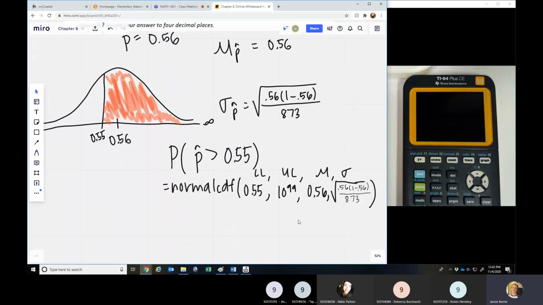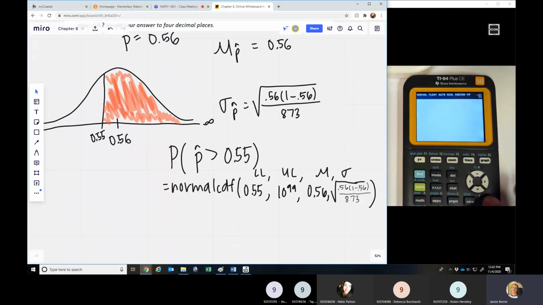And I did find a pretty easy way. This big long expression right here was what I'm referring to. So go ahead and clear that out. Start over with a blank slate. Go to second vars, normal CDF. Lower limit 0.55, upper limit 10 to the 99. Mean is 0.56.